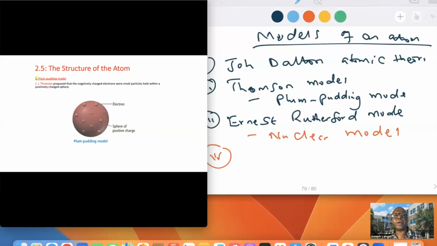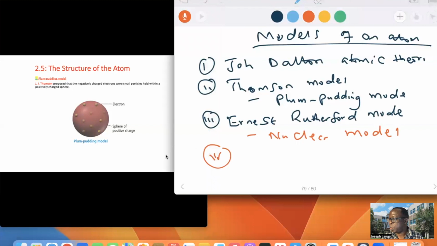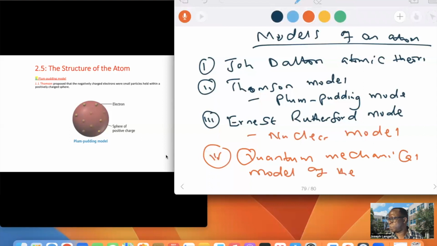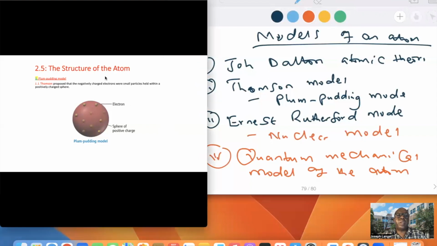And where we are currently in terms of the model is the quantum mechanical model of an atom. So these are the models of an atom. And for the first time, we are looking at the actual diagram of what the atom looks like.